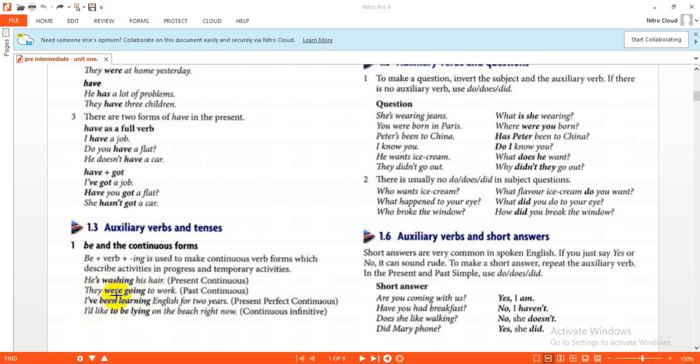They were استخدمنا were للدلالة على الماضي. I have been learning English for 2 years, present perfect continuous. I'd like to be lying on the beach right now, continuous infinitive.